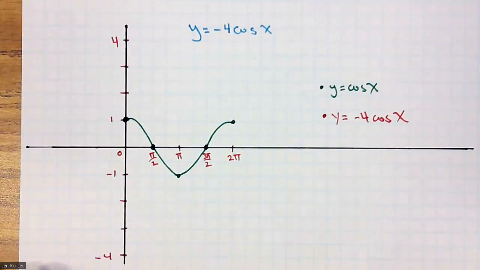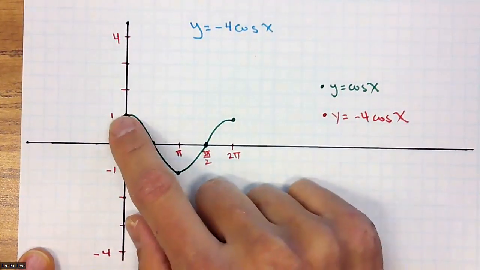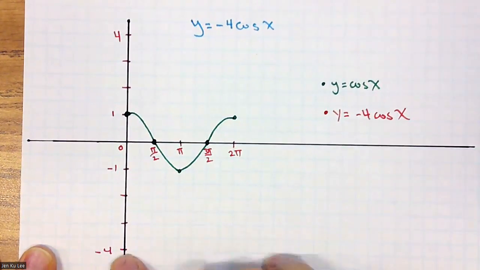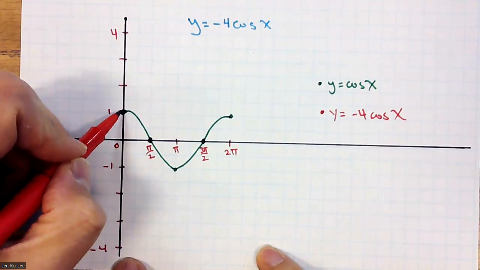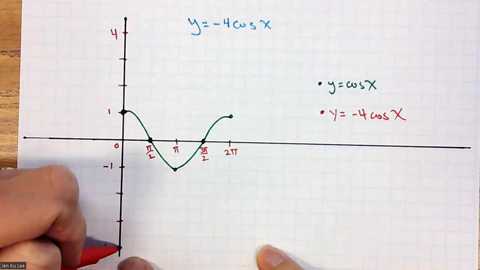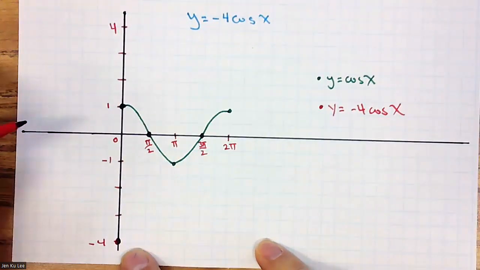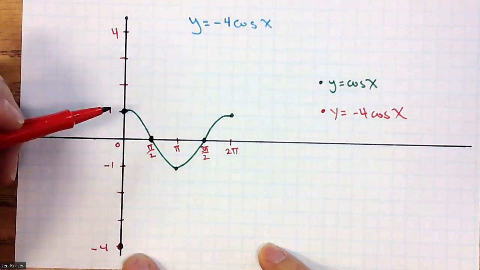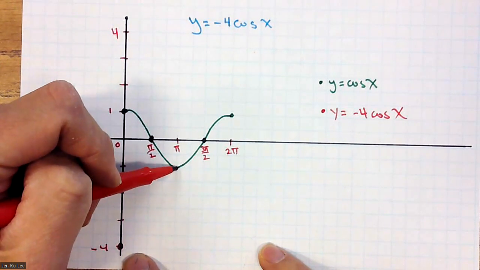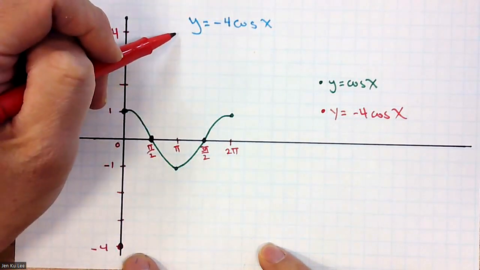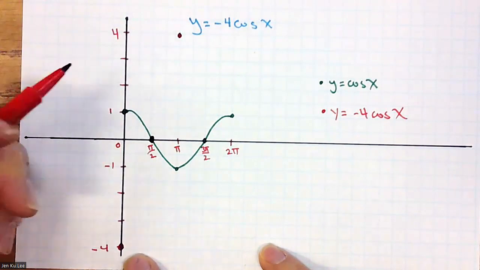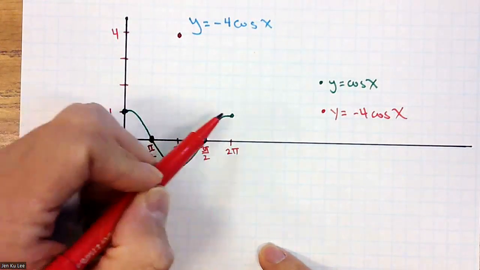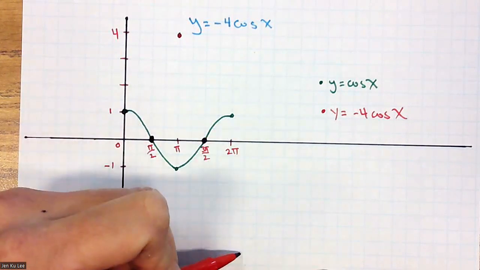Okay. So all I'm going to do here is just multiply my y values by -4. So 1 times -4 is -4, all the way down here. 0 times -4 is 0. -1 times -4 is +4, which is up here. 0 times -4 is 0. 1 times -4 is -4.